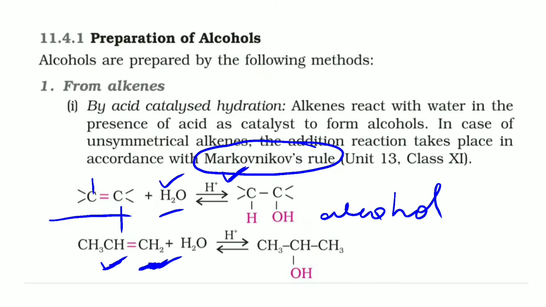The negative species will attach to the carbon having the less number of hydrogen. So here this carbon is having less number of hydrogen, so OH will attach over here.